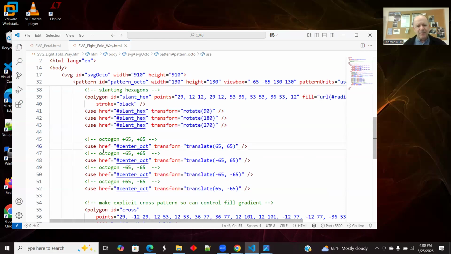And now here I am making copies of my octagon and translating it. Only a quarter of each of these octagons will make it into the pattern once the pattern is cutting it off. But I'm translating to 65, 65; minus 65, 65; all those combinations. That put octagons in the corners of my pattern.